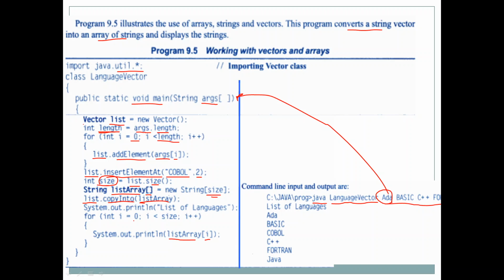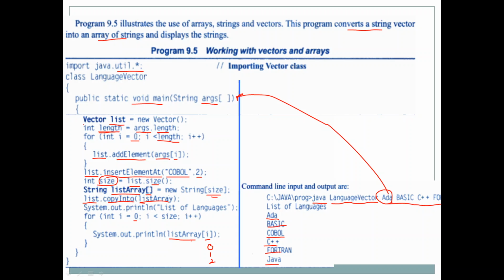Initial value of i is 0, so first it will print the element at position 0. You can see what it has printed: Ada, then it will print the element at position 1, that is Basic, then position 2, that is COBOL, then it will print C++, Fortran and Java. Like this all the elements from the list array will be displayed on the console.